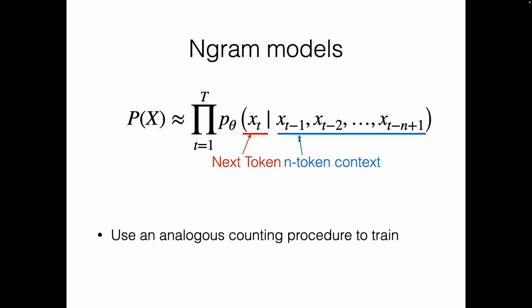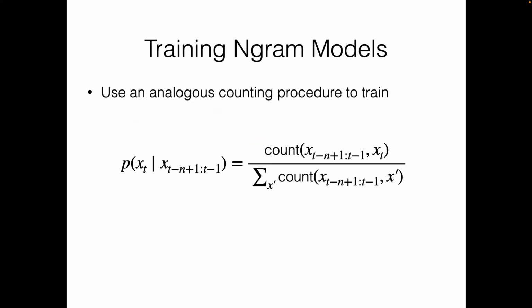And here you can use an analogous counting procedure to train them. You go through your data set and, given some n minus one tokens, you count the number of times that this token x_t occurs, as well as any possible next token. And then you just divide and you get this probability.